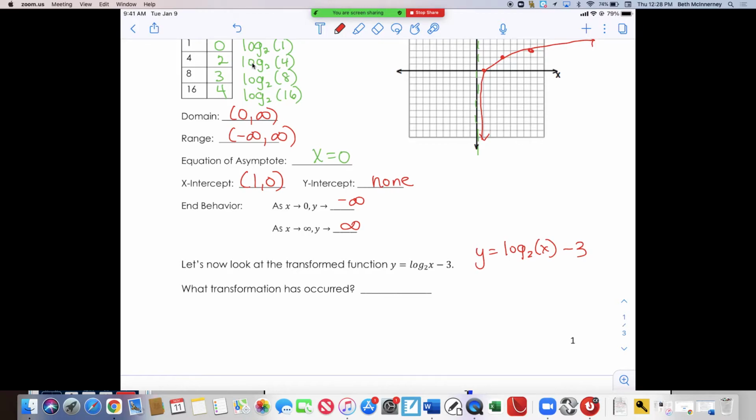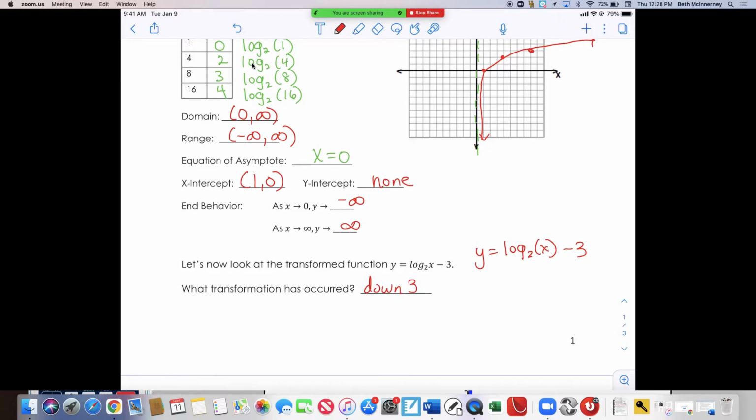So this really, if it helps, is saying y equals the log base 2 of x minus 3. Based on what we know about left, right, up, down, stretch, shrink, flip, what? Awesome! Oh my gosh, you guys are on fire. This is down 3 units because it's on the outside.